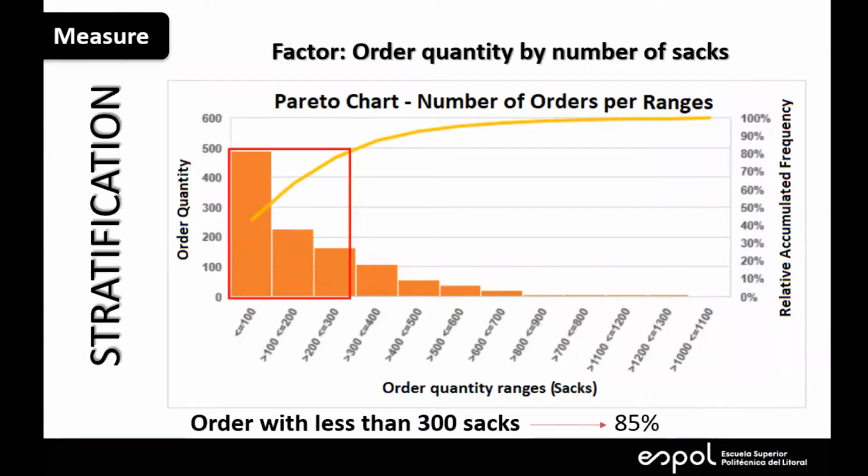In certification, we use the Pareto charts, where orders with fewer than 300 sacks are 85%.